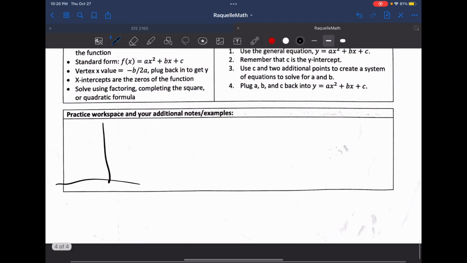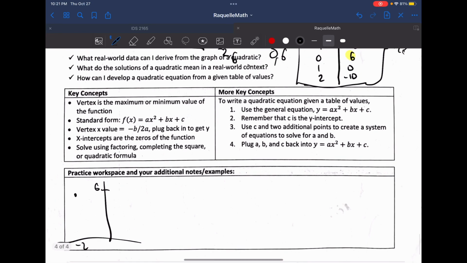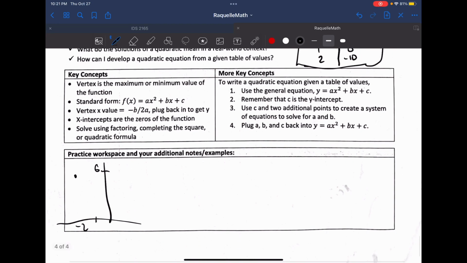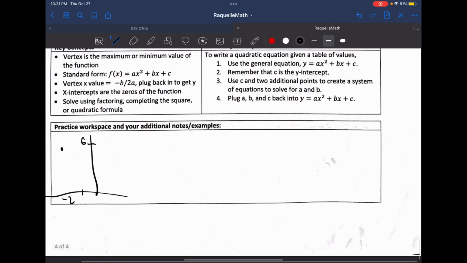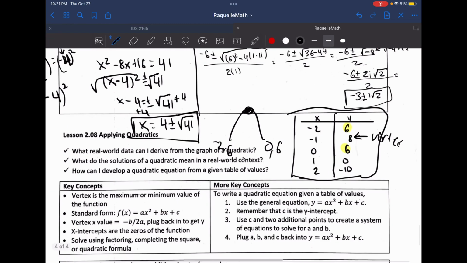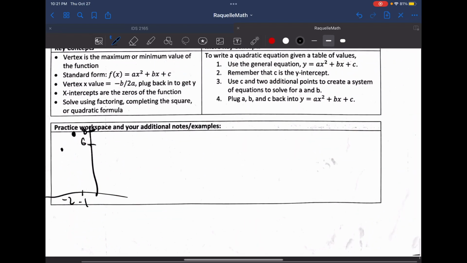So -2, 6. So this is -2, and let's just say this is 6. So here is our point, and then in between here we have a -1 and an 8, a positive 8. So we can already tell it's going to be a maximum, but let's graph the 0, 6 here.